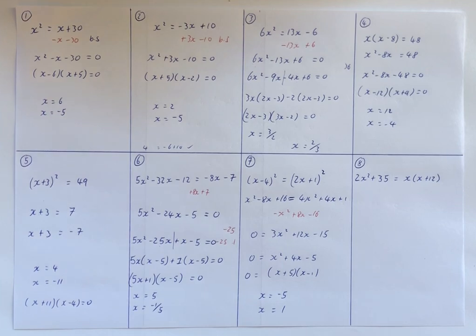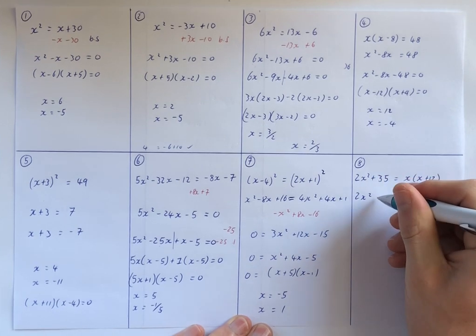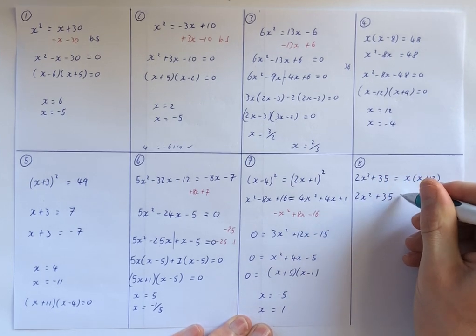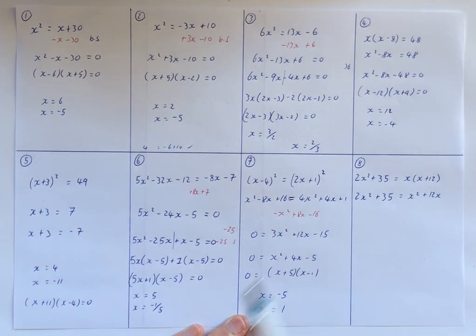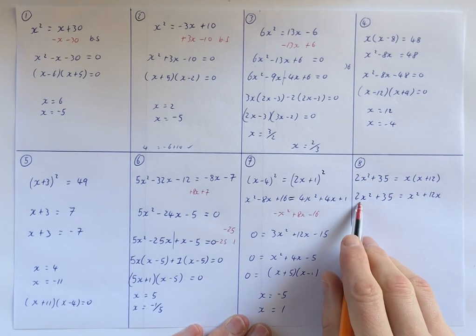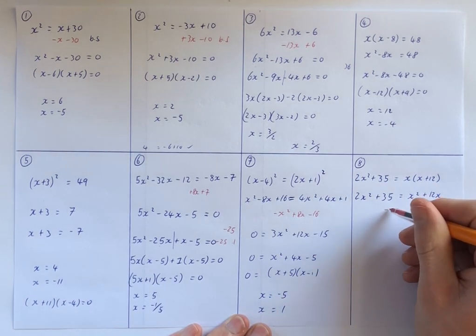Okay, question 8. It's not too bad. We've got a bracket here, so we'll expand that side. And again, where are the most x squareds? They're on the right now. So we want to subtract x squared off both sides.